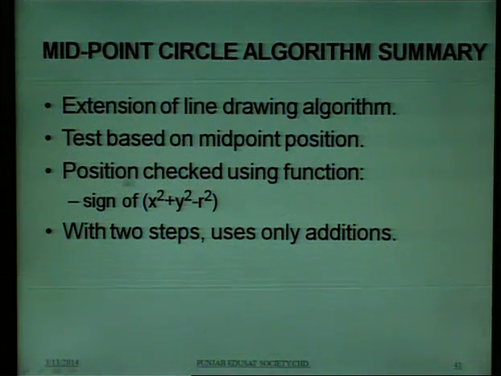The position is checked using the function of x square plus y square minus r square. With the two steps we only use additions. So, this is the summary of the midpoint circle algorithm, which is used to find the location of the pixels on the boundary of the circle, and this is the most efficient technique used these days to draw circles. Thank you.